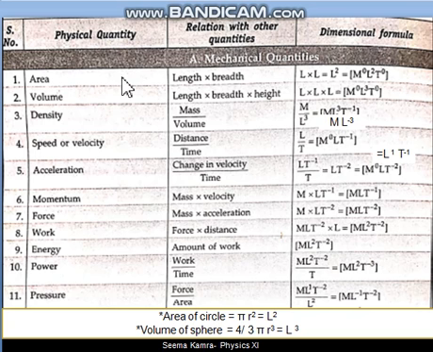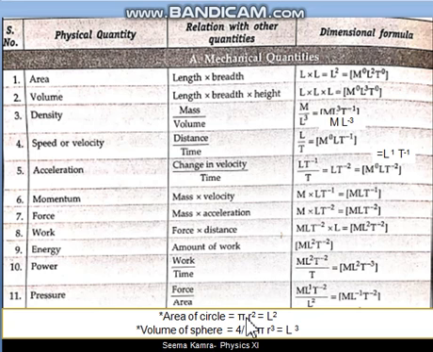We can practice for one more kind of area. Suppose area of a circle is given, we have to find its dimensional formula. The area of a circle is pi r square. We write this formula first, and after that, pi is a constant without unit.